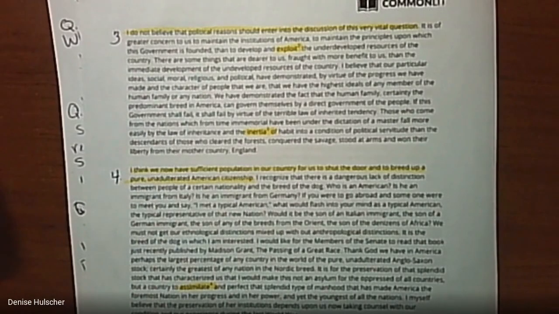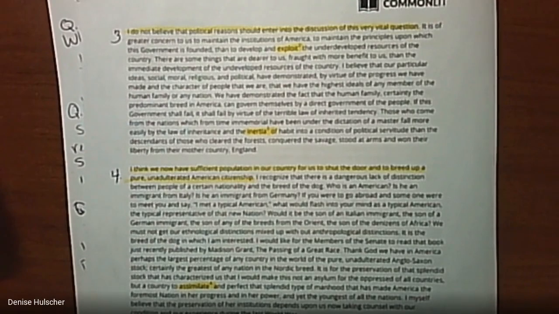If this government shall fail, it shall fail by virtue of the terrible law of an inherited tendency. Those who come from nations from which time immemorial have been under the dictation of a master fall more easily by the law of inheritance and the inertia of habit into condition of political servitude, that the descendants of those who cleared the forest, conquered the savage, stood at arms, and won their liberty from their mother country, England.